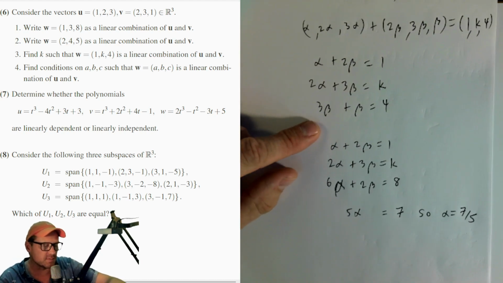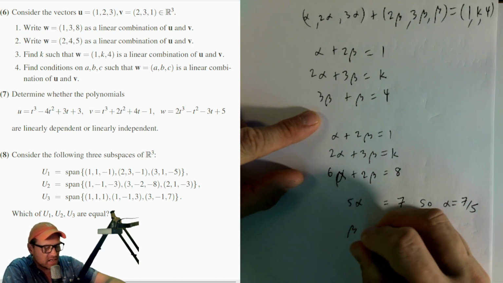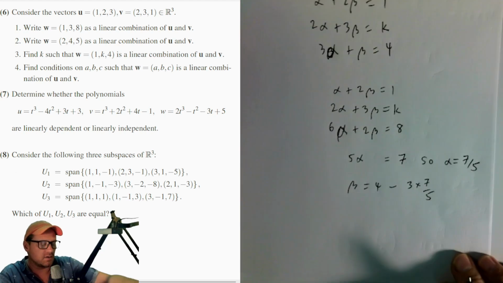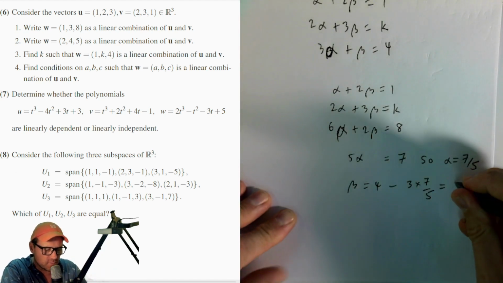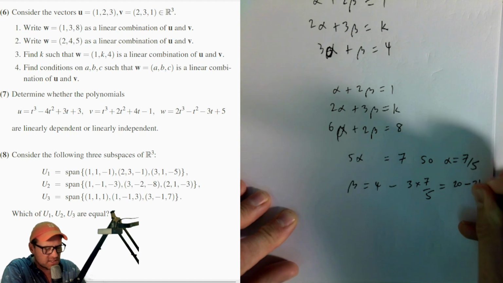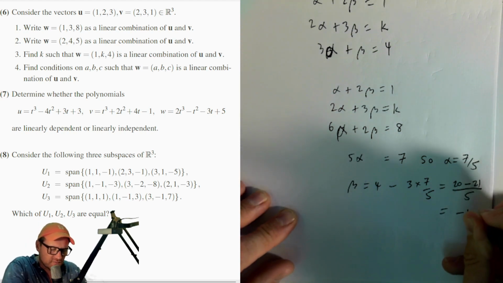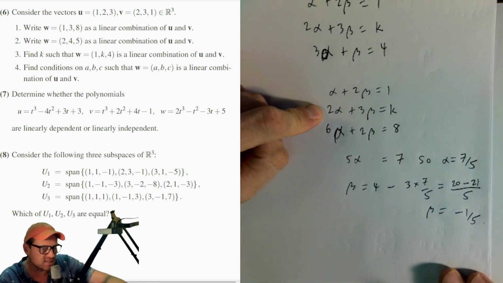Okay, then substituting that 7 over 5 back into the third equation, we have beta is 4 minus 3 alpha. Now simplifying this, we have 20 over 5 for 4, so 20 minus 21, which is 3 times 7, all over 5. So this is minus 1/5. Okay, now what is the value of K such that this system is consistent?